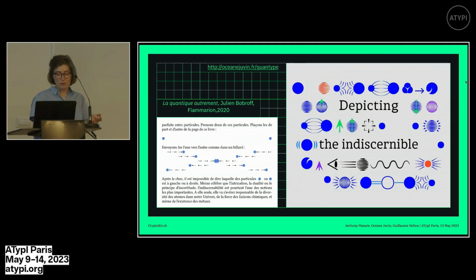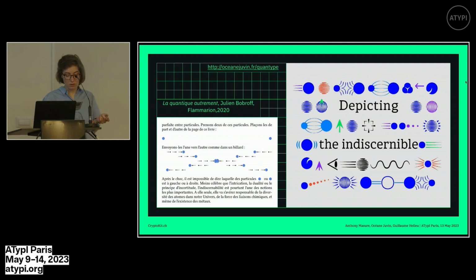The aim of this project was to create a graphical language that can accompany a discourse of popularization of quantum physics. It led to the creation of a font family, Quantype, containing an extended Latin alphabet and a set of symbols that represent quantum elements.